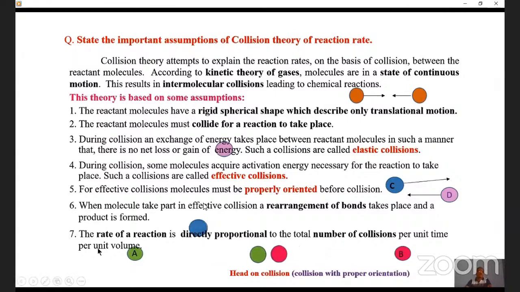And the next assumption is that the rate of a reaction is directly proportional to the total number of collisions taking place between the reactant molecules per unit time, per unit volume. So like this, we need to explain the assumptions of the collision theory of reaction rates.